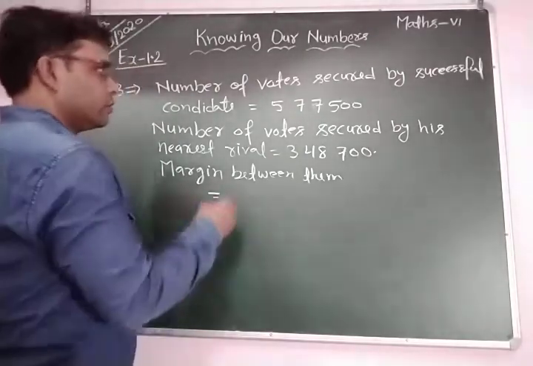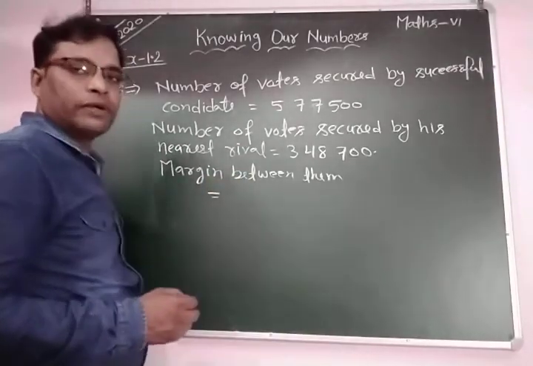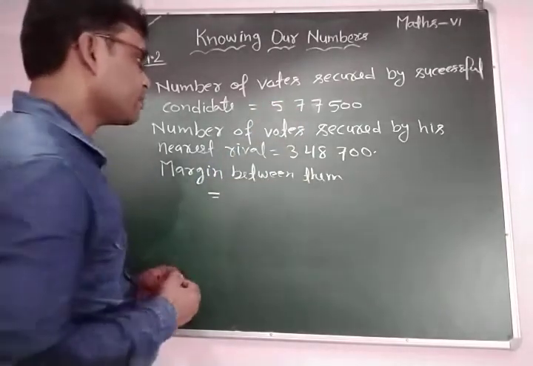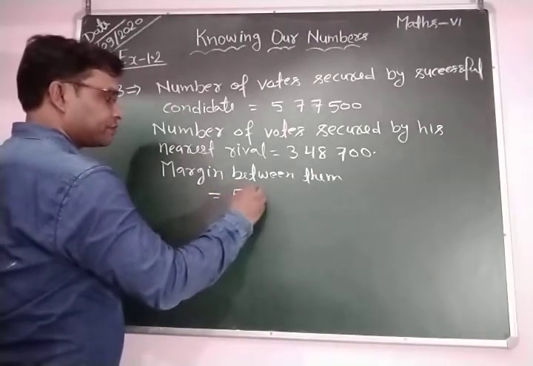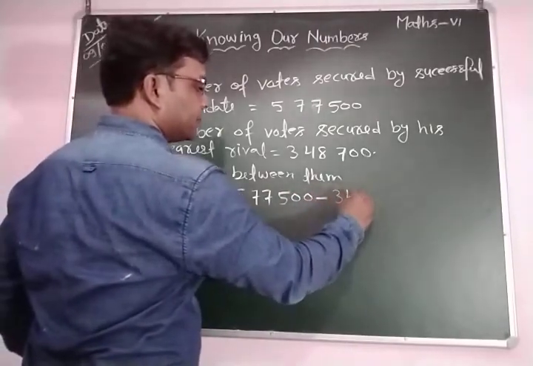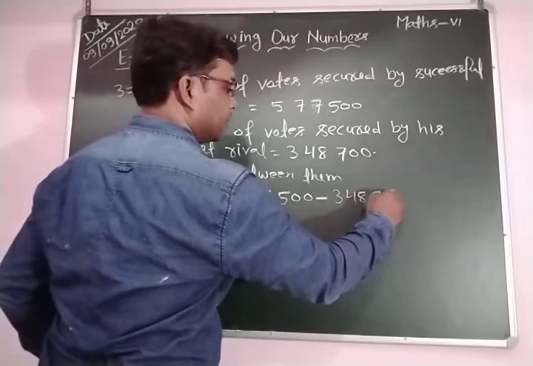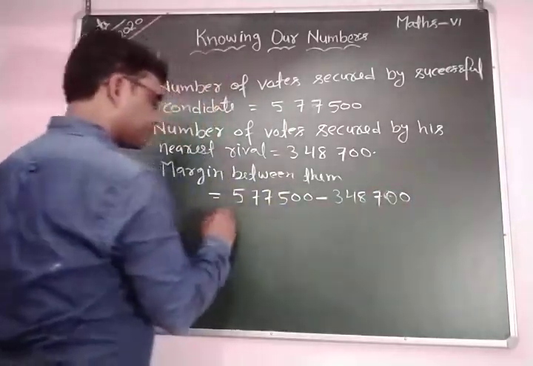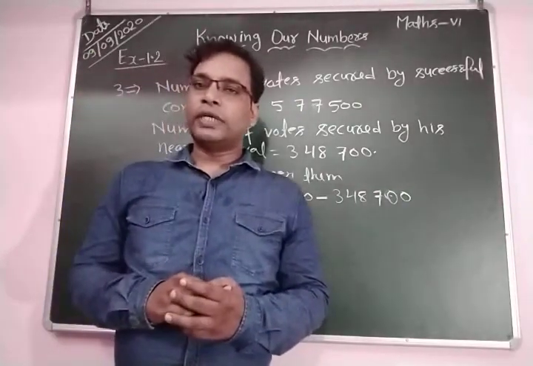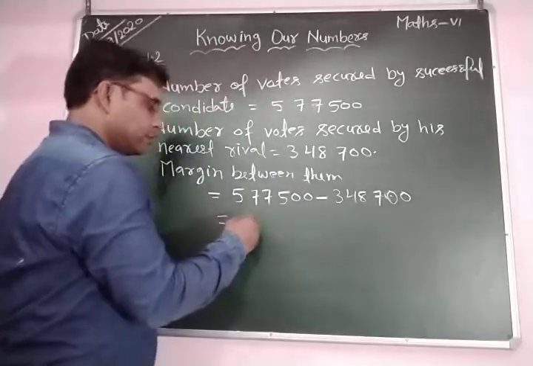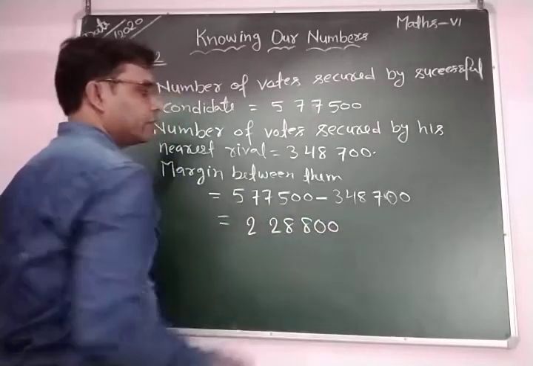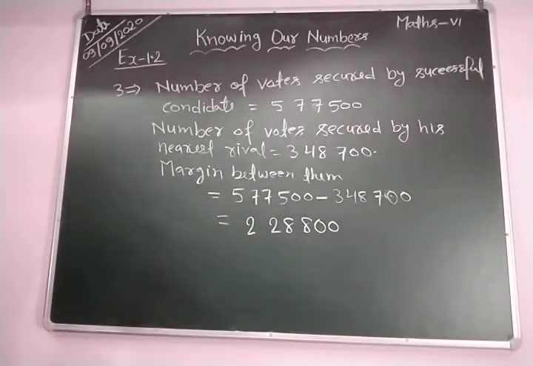So we write 5,77,500 minus 3,48,700. If you subtract them, then we obtain 2,28,800.